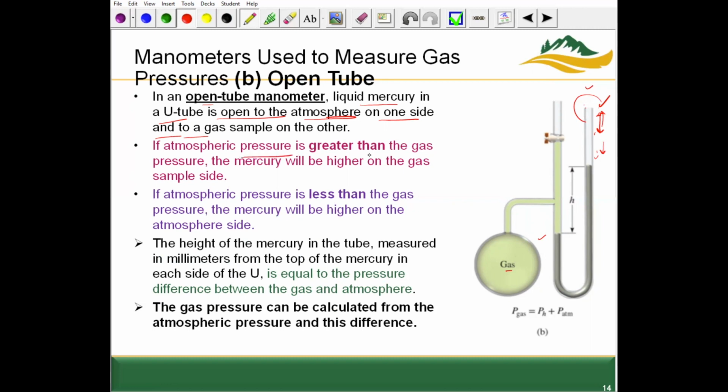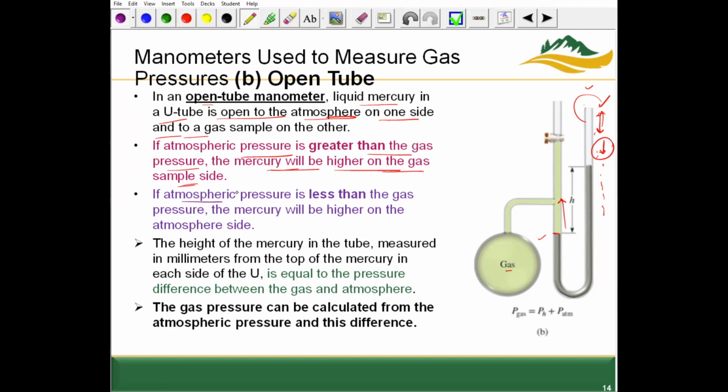If the atmospheric pressure applied here is greater than the pressure of the gas, the mercury will be higher on the gas sample side. So if the pressure from the atmosphere pushes this height down, then the mercury level will increase in this direction, and the mercury will be higher on the gas sample side.